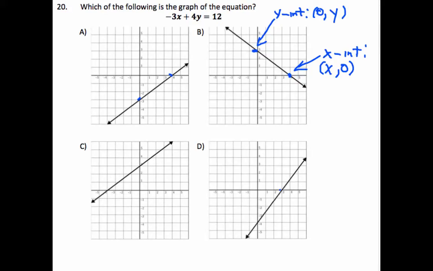To find the x-intercept, for the point x y that we're looking for, the x-intercept, the y is 0. So we'll plug in 0 for the y.